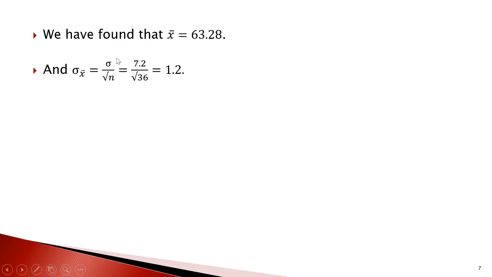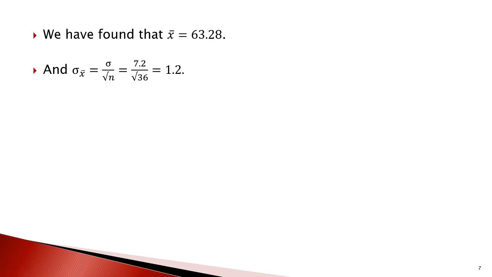Using this formula we can calculate the standard deviation of the sample mean, that is the population standard deviation divided by the square root of n. Here n equals 36, so that is 7.2 divided by 6, which gives 1.2.